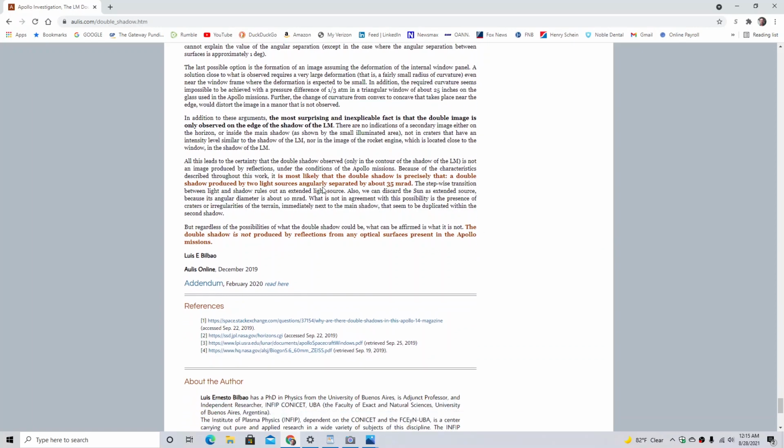If there's two light sources, then it's not the sun. Also, we can discard the sun as an extended light source because its angular diameter is 10 milliradians, which is not in agreement with this possibility. The double shadow is not produced by reflections from optical surfaces present in the Apollo missions.